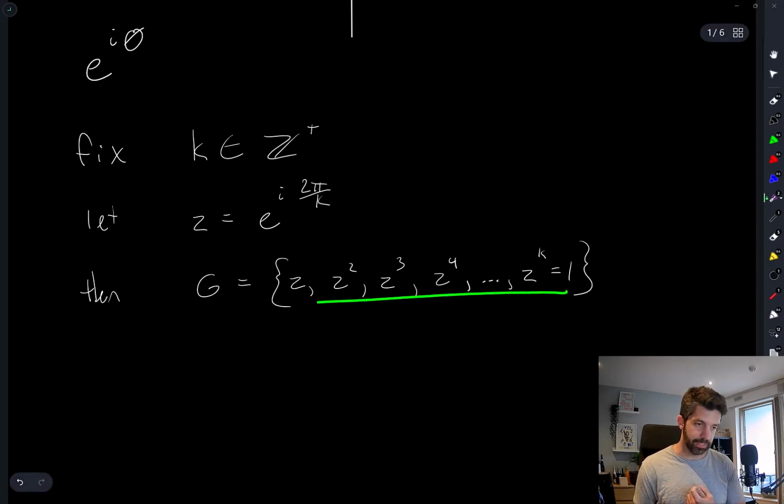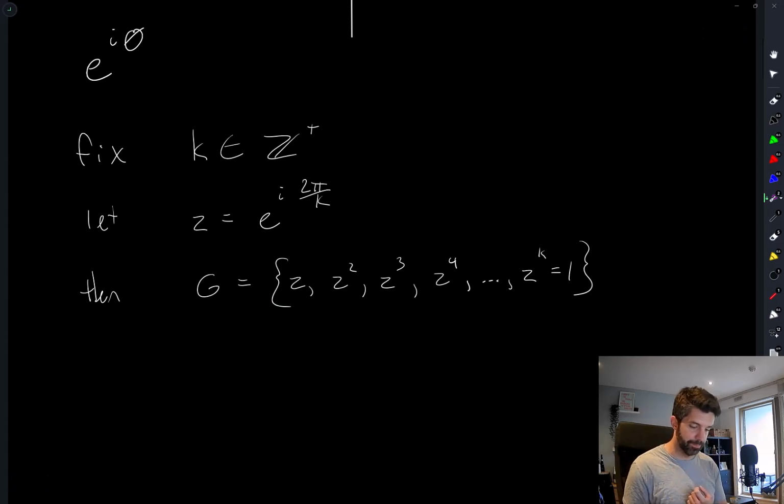It's in fact a cyclic subgroup because it's generated by a single element. Every element in here can be written as a power of z. And I claim, let's call this g subscript k, because once you choose this integer k, this group becomes fixed by this definition.